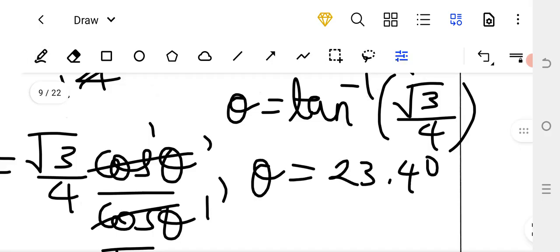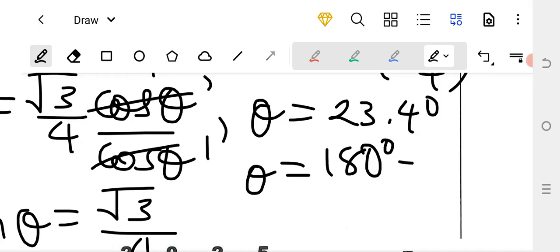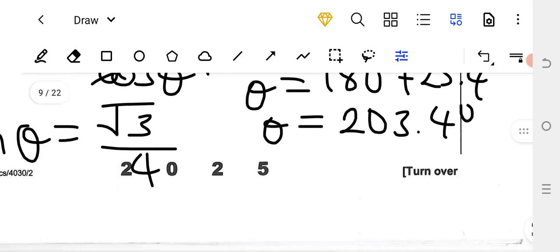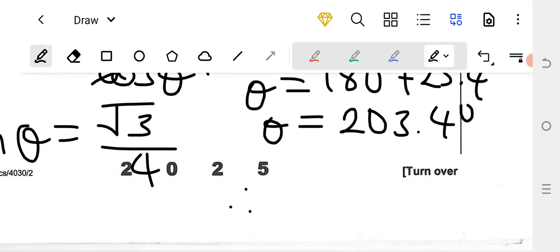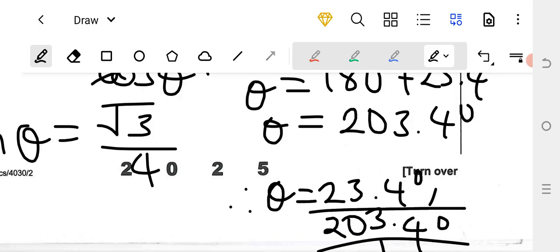And then we are going to go in the third quadrant. Our theta is going to be equal to 180 degrees plus 23.4 degrees. Theta is going to be equal to 203.4 degrees. Then we're going to conclude and say, therefore theta is equal to 23.4 degrees, comma 203.4 degrees. That's our final answer.